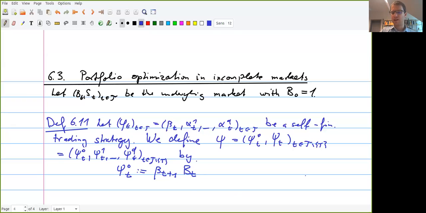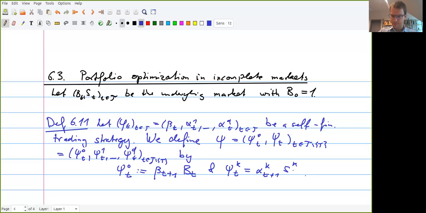And then I multiply it with the price of the risk-free asset. So this is the total amount I have invested in the risk-free asset, and I do the same for the risky asset: psi^k_t, the amount I have invested in the k-th asset at time t.